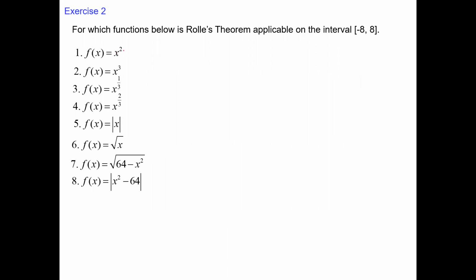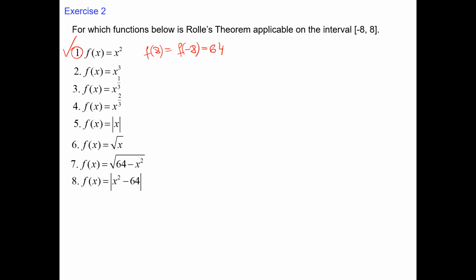Okay, parabola x squared. Value for 8 will be 8 squared, and value for -8 will be -8 squared, which, negative taken to the power of an even number, becomes positive. Yes, this is correct. And the function is continuous and differentiable.